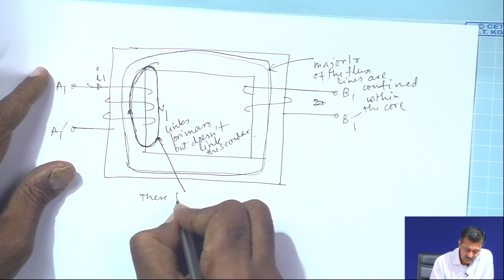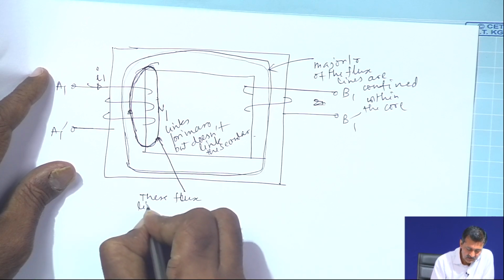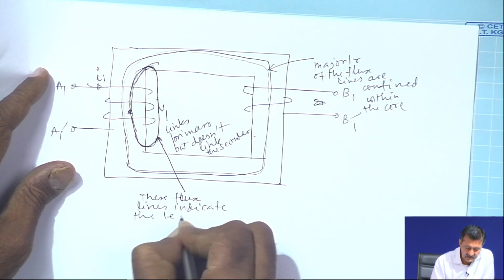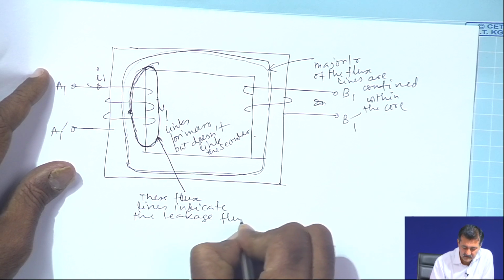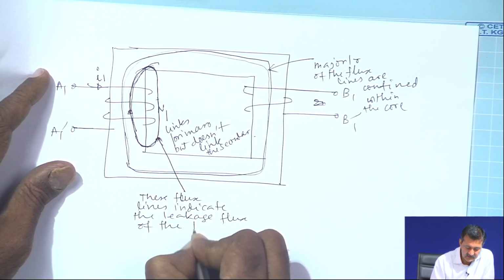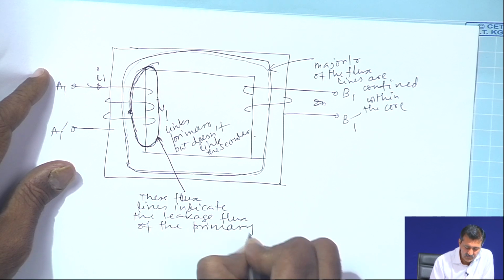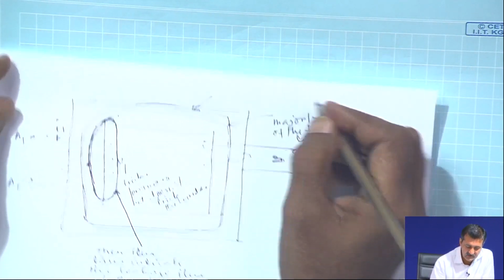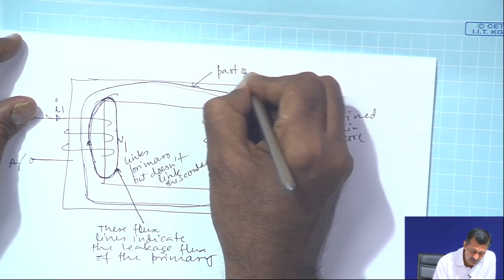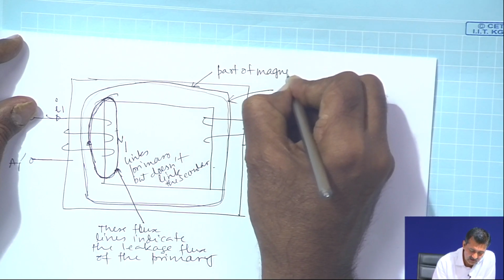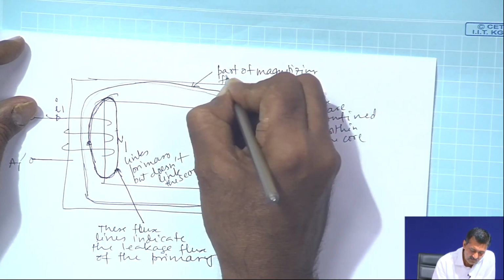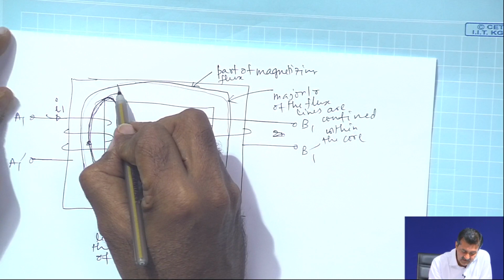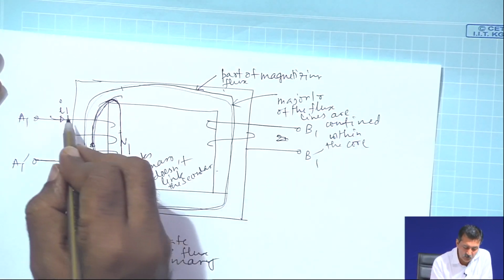These flux lines indicate the leakage flux of the primary, and this flux line is a part of the magnetizing flux. That means the magnetizing flux consists of flux lines created by both the current I1 and I2. Let us say there is also a current I2, with the direction like this.